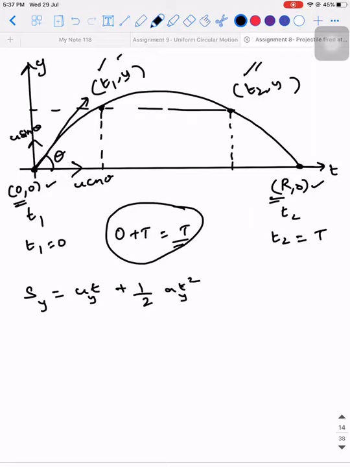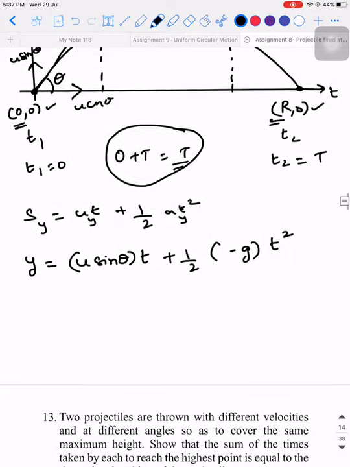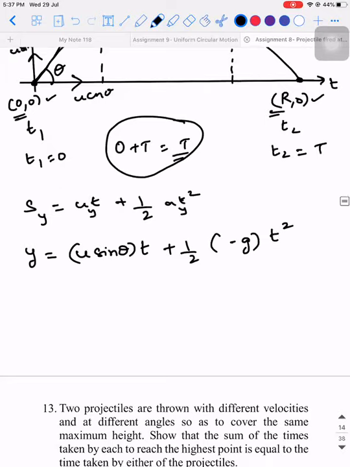Okay. Now when I apply s is equal to ut plus half at square, can I write y is equal to u sine theta into t plus half into minus g into t square? Can I write it like this? Because acceleration along y direction is minus g. So this is a known factor.